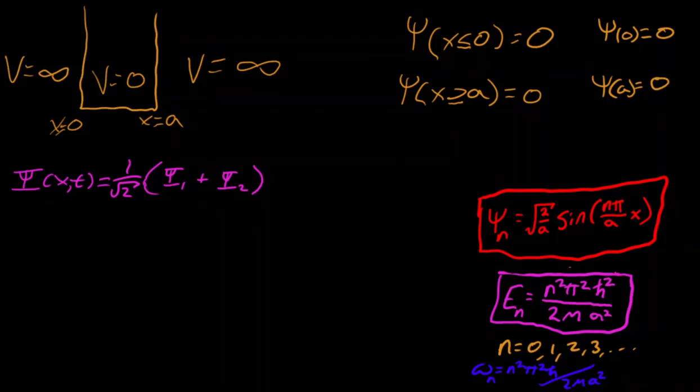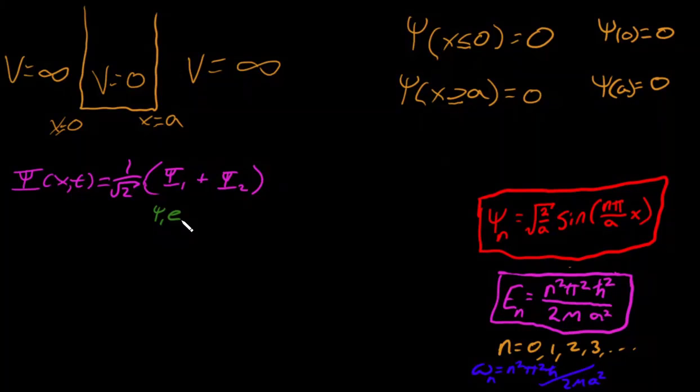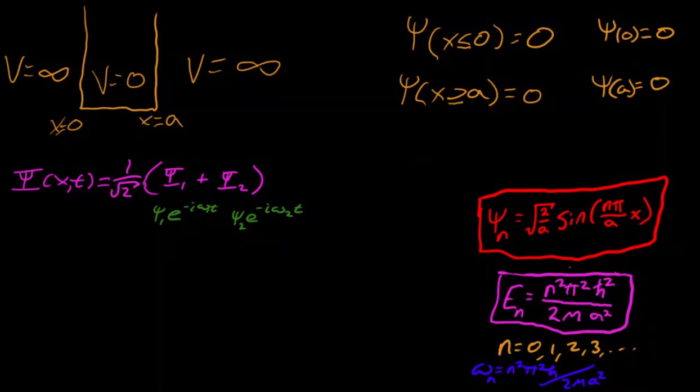And if we expand these out, this being psi1 e to the minus i omega 1 t, and this is psi2 e to the minus i omega 2 t, we will end up getting a very interesting result.